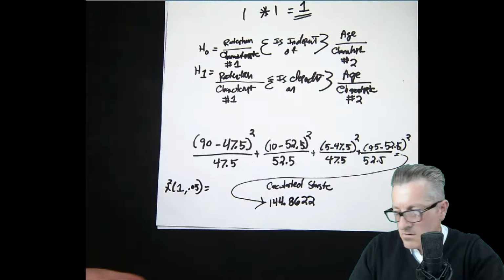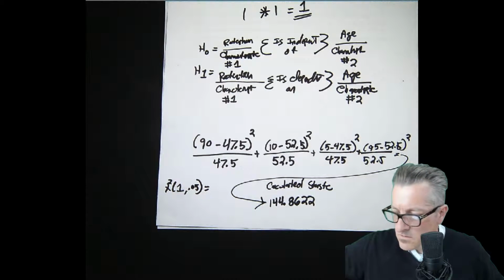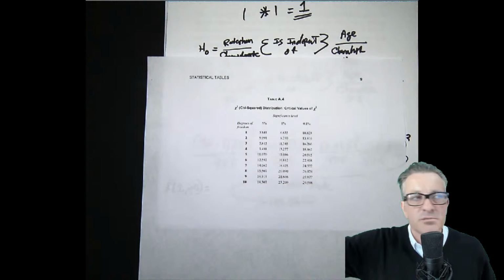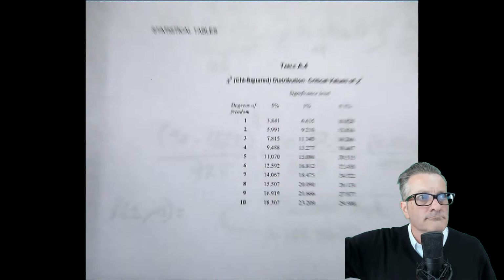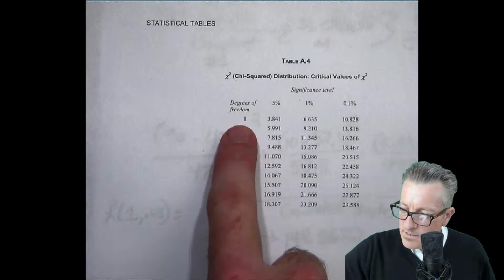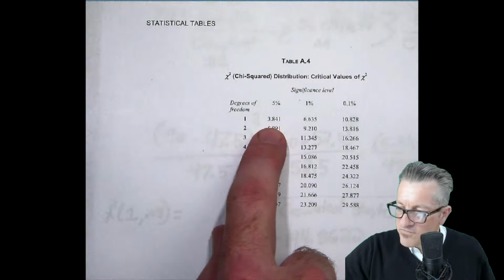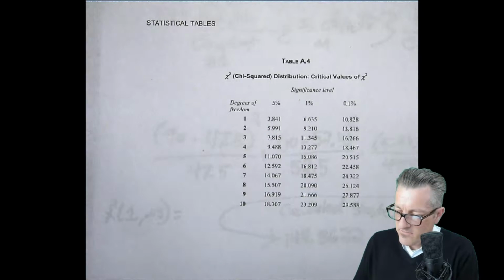We're going to look at that value. So 1 to 0.05, a little bit small. So 1 to 0.05, 3.841.